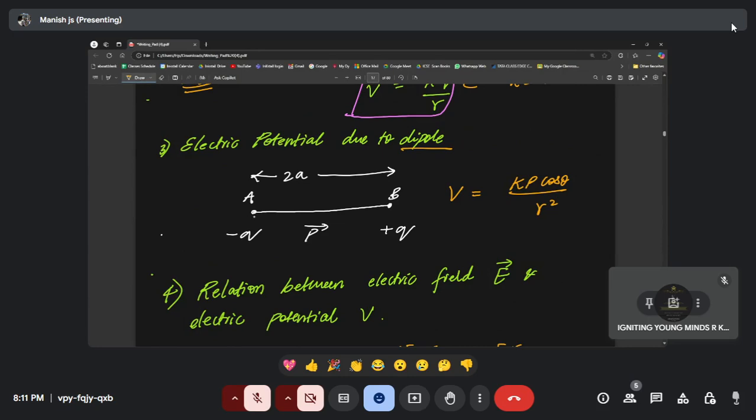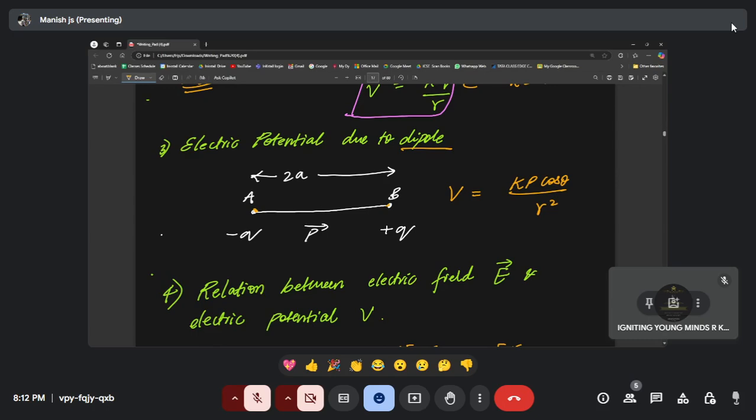So when you have two charges which are equal in magnitude but opposite in sign, separated by a finite distance, then you call it an electric dipole. So I have two charges, minus q and plus q, placed at points A and B as shown in the figure. The distance between A and B is called 2A, which is called the dipole axis or the dipole length.